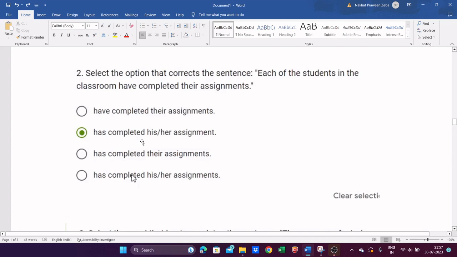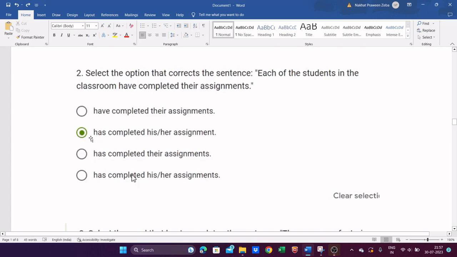Has completed his or her assignment, has completed their assignment. Now it will also be eliminated. Why? Because with has we have to use the singular only, and there it is not singular, it is plural. So with has what can we use? His or her. So now either B will be the answer or D will be the answer.